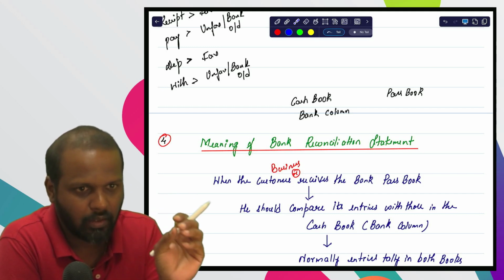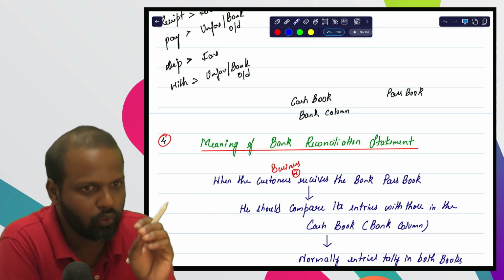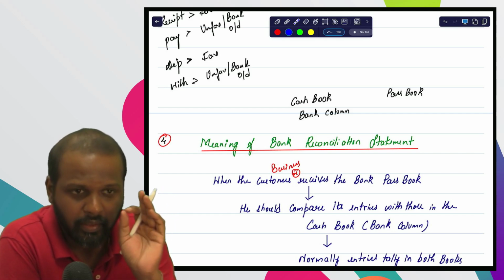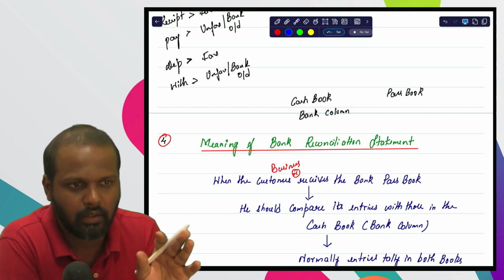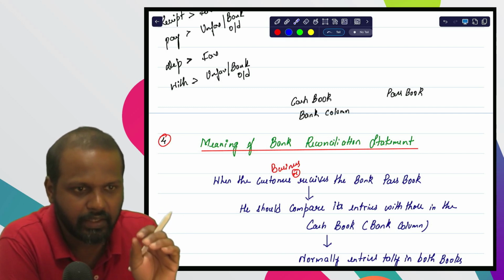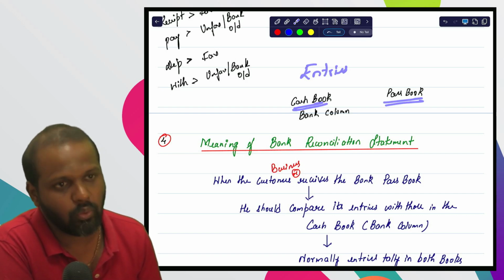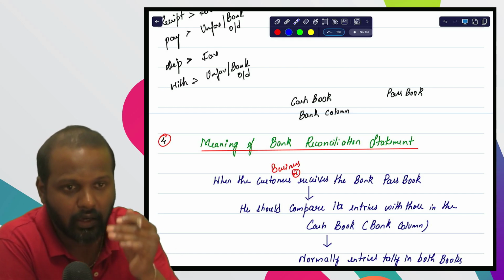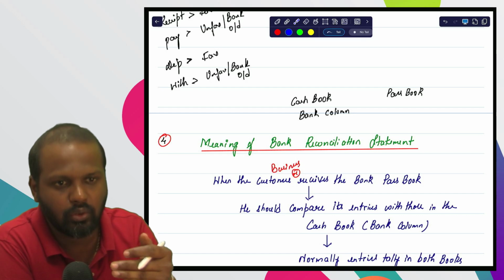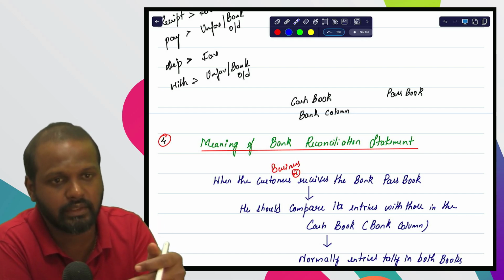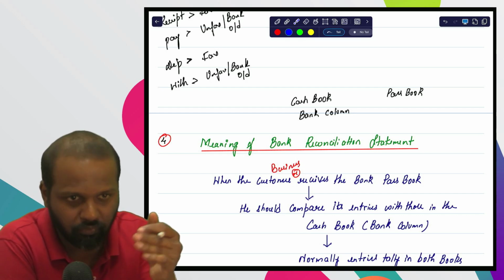If you are running some business and you have a bank account, it is always advisable to check the entries of cash book and passbook at regular intervals, every 2 days or every week or every 10 days or every 15 days or every month.